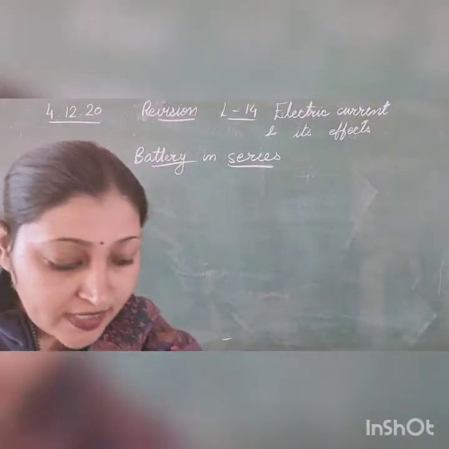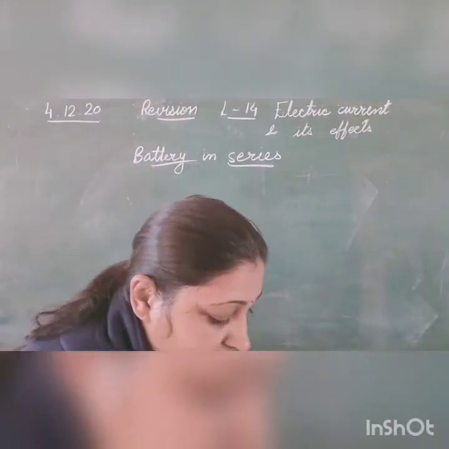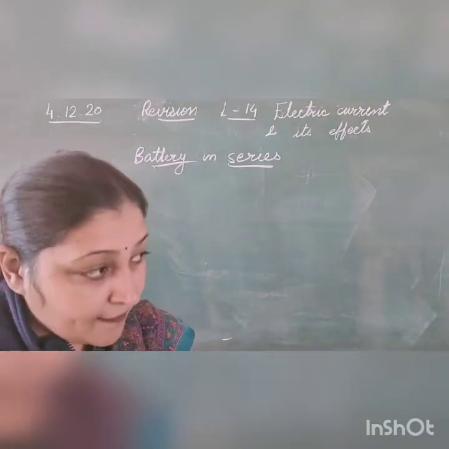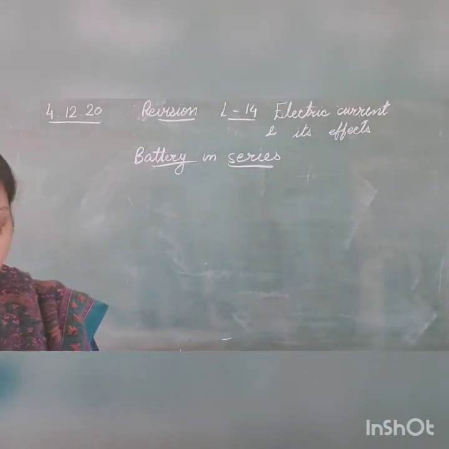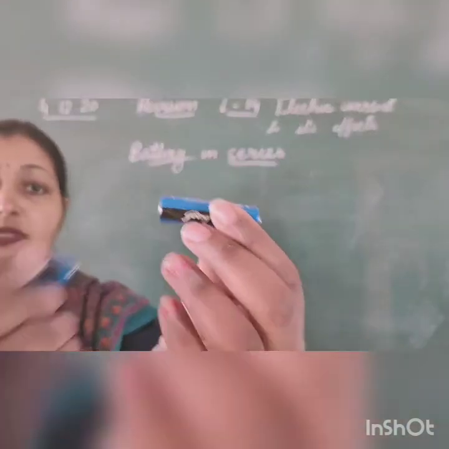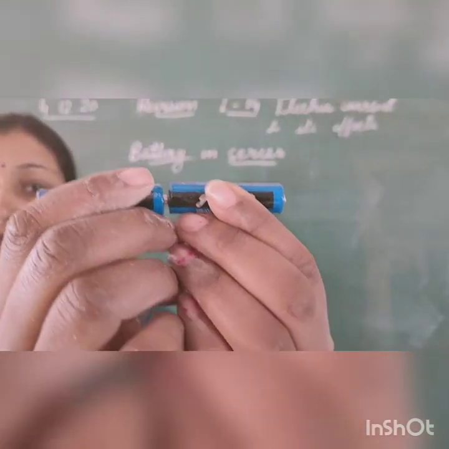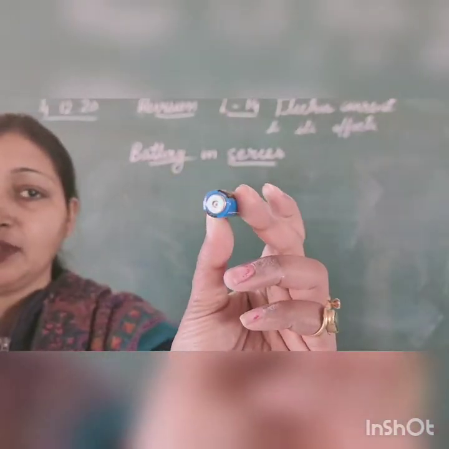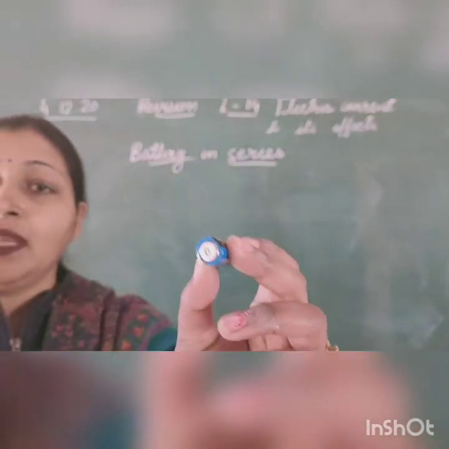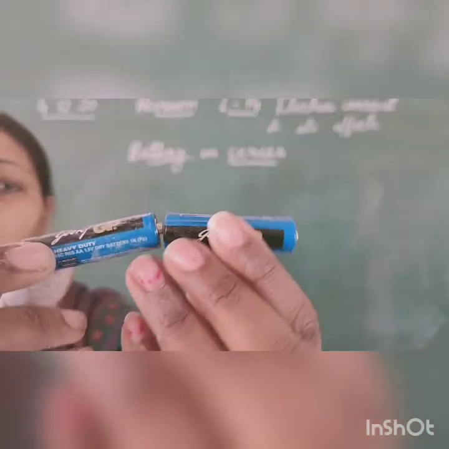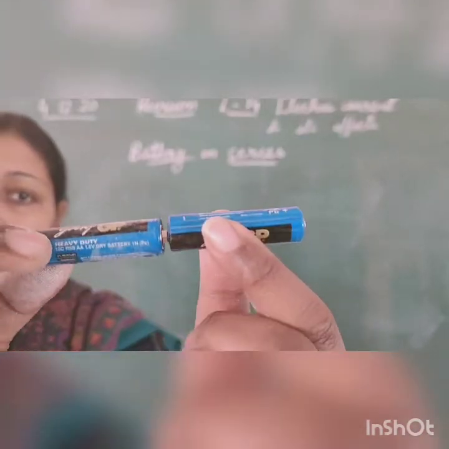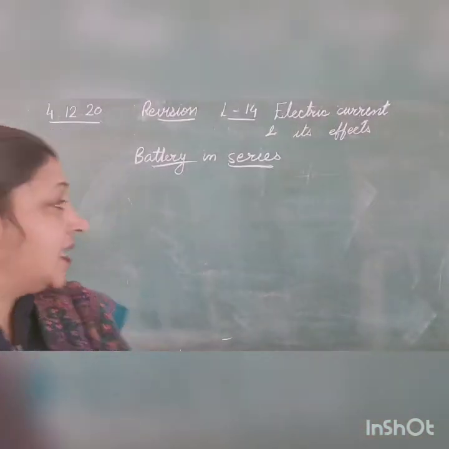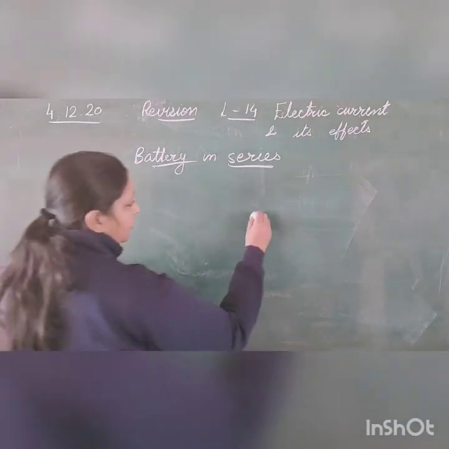How can we combine a battery in series? For this, children, you have to take two cells, like I have taken here. You simply have to take two cells and combine them back to back like this. You can see that the negative of one is attached to the positive of the other.